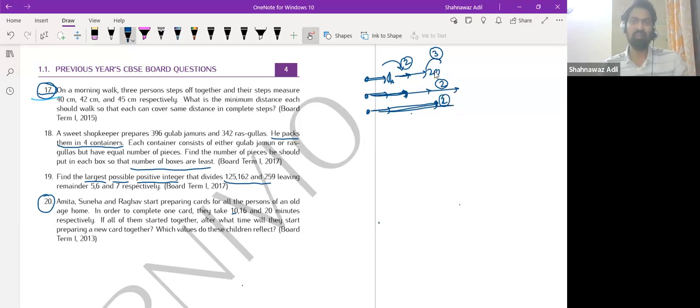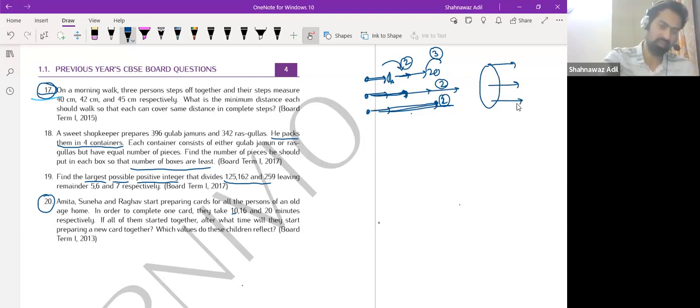So all these are working differently. We have to find a time at which they again start preparing a new card together. So what should we calculate in this case? Sir, LCM. LCM, right? So yes, guys.